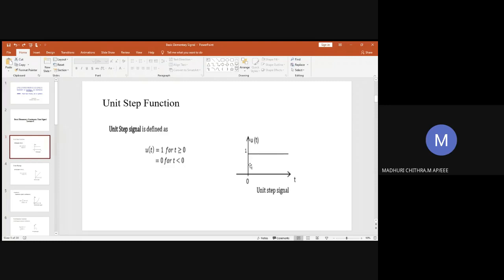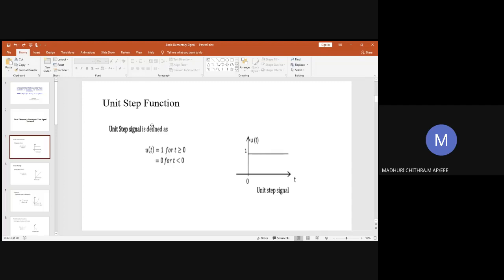Here is the diagrammatic representation of the unit step signal. So u of t equals 1 on the right half side, and on the left side we get 0.